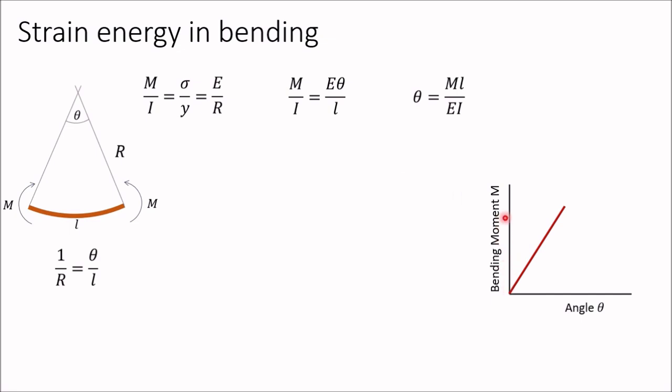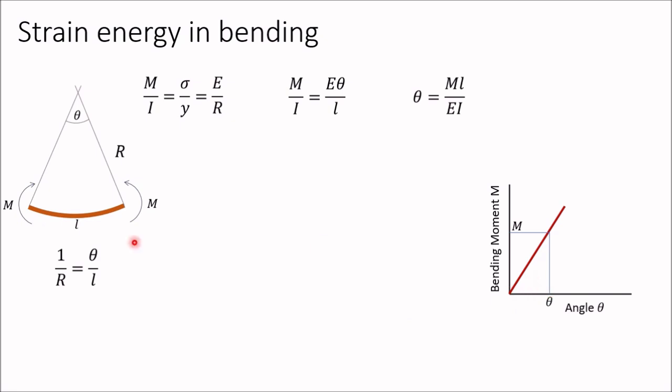Here on the y-axis I have taken bending moment and on the x-axis I have taken angle theta. When the bending moment is gradually increased from 0 to a particular value M, the angle theta will go from 0 to a particular value theta.